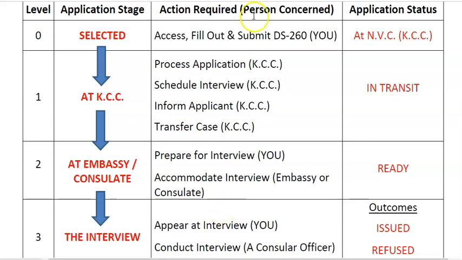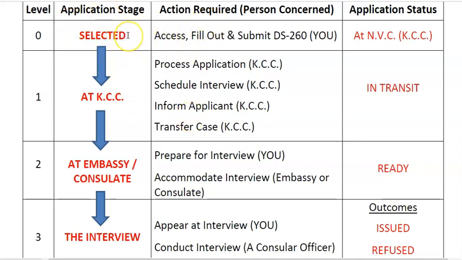Now I have included in parentheses here the person that is concerned by each action. When it comes to this final column that speaks about the application status, we will consider that in our next video, where we will explain in detail what each of these status means in relation to the different stages. But for the purpose of this video, let us limit ourselves to these two columns.